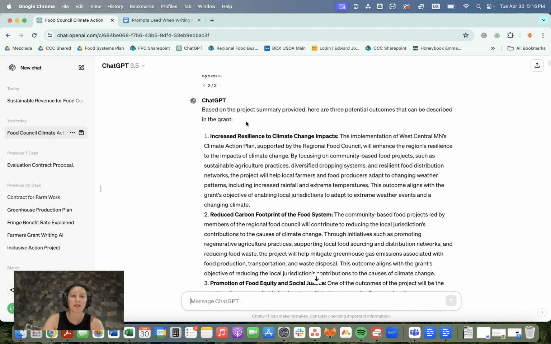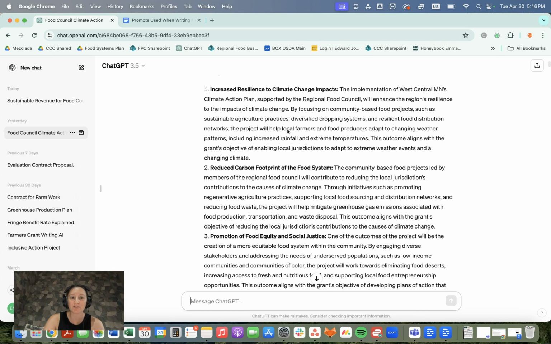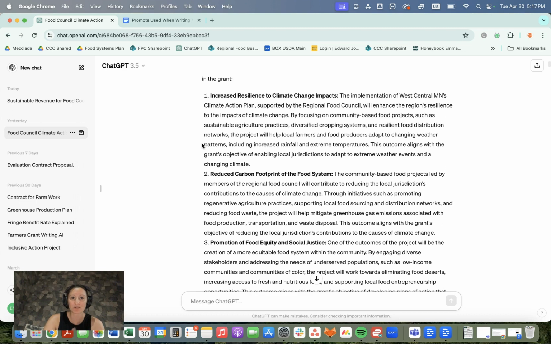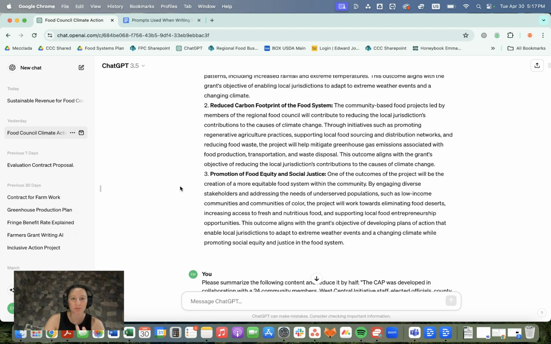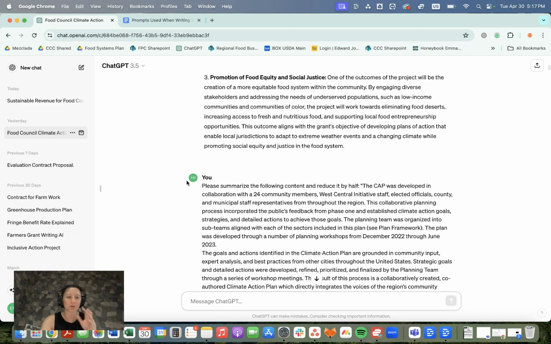And then we asked them about providing potential outcomes. And I will say these, for the most part, stayed the same. We focused on community resilience was one, reducing the carbon footprint was another, and then I think food security or food equity was one of the other ones that we ended up going with in the final application.